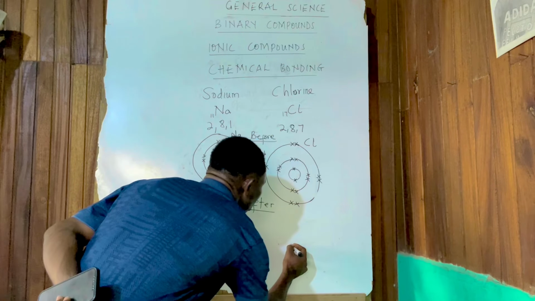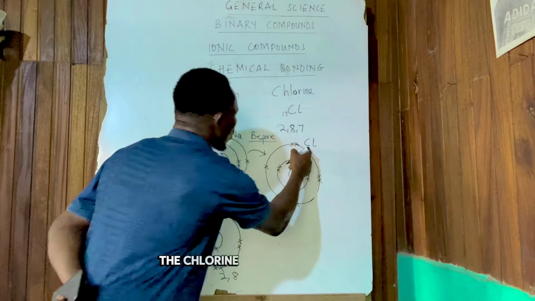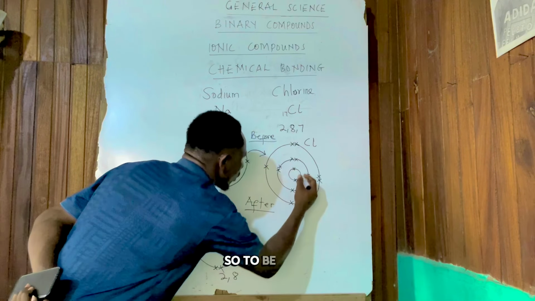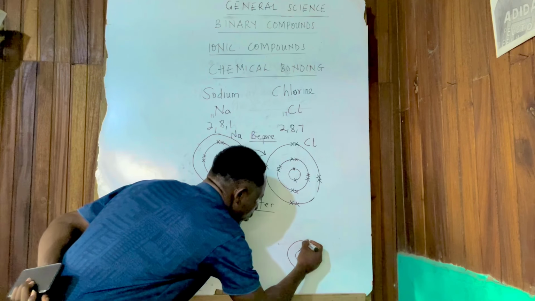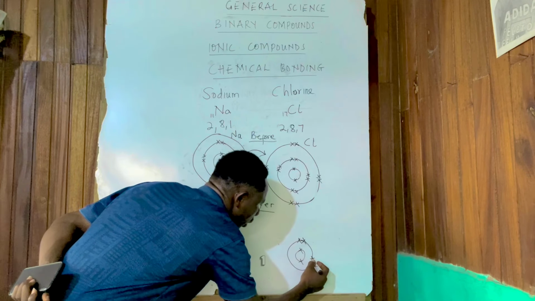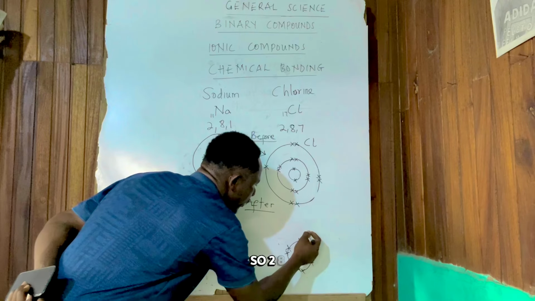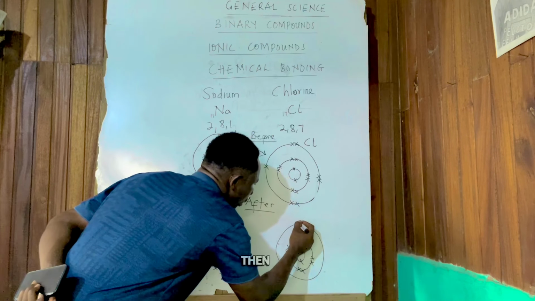Then the chlorine will accept the 1, so it becomes 2, 8, 8. This is Cl, so it accepted 1.